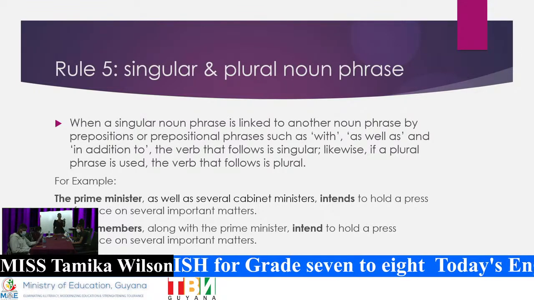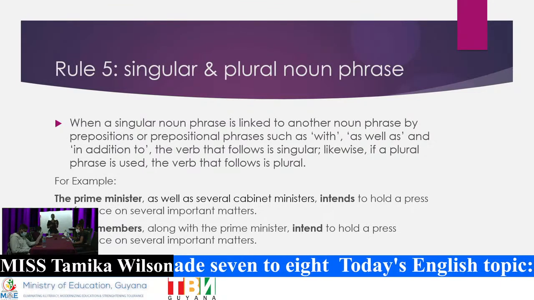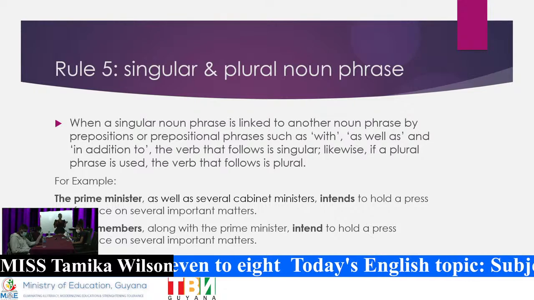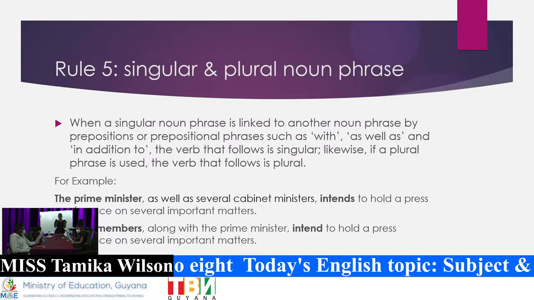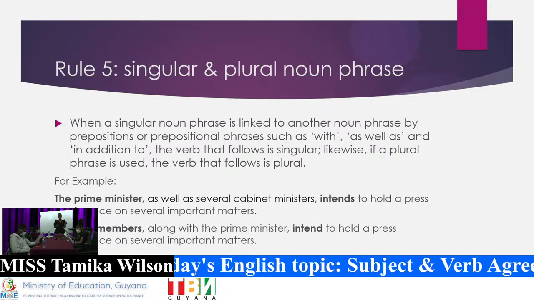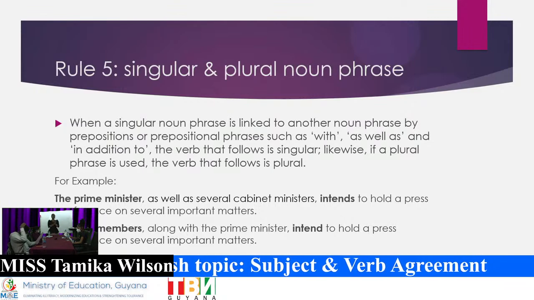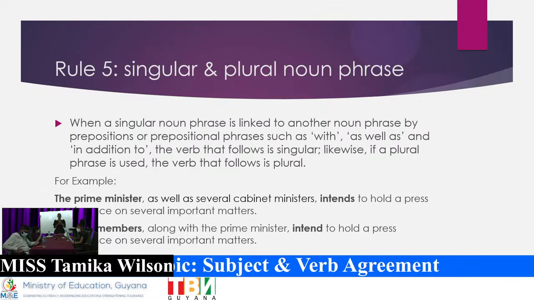So we have a singular noun phrase linked to a noun phrase by the preposition or prepositional phrase, and we are given an example of what those can be. Or if it is a plural phrase, then the verb that follows is plural.